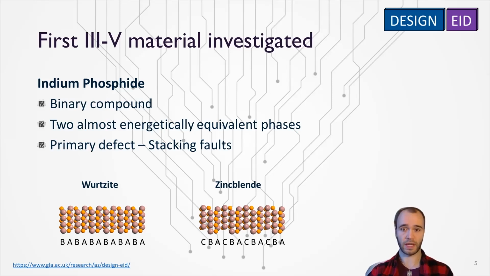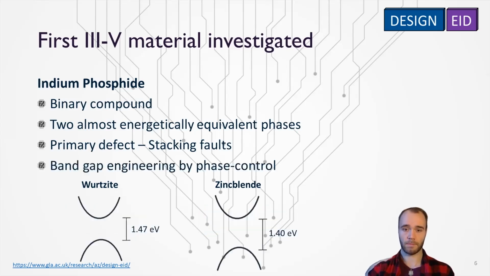The goal of my investigation into this is to control the growth to avoid these stacking faults, or maybe even to mix the phases intentionally. You see, wurtzite and zinc-blende have different bandgaps, and by controlling the phase, we can therefore control the bandgap even though it's a binary compound.